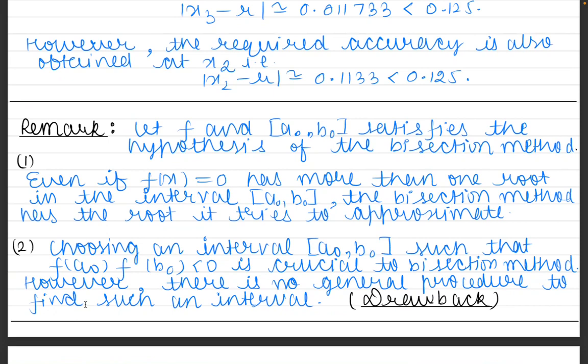So the remark is, even if f(x) equal to 0 has more than one root in the interval (a, b), the bisection method has the root it tries to approximate.